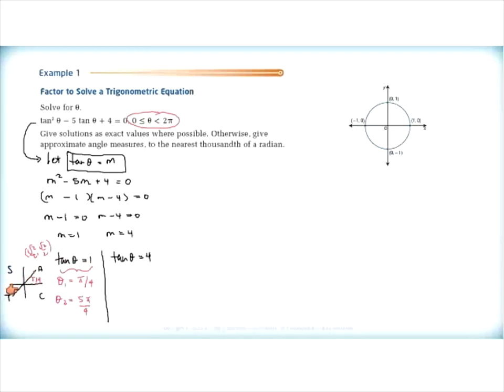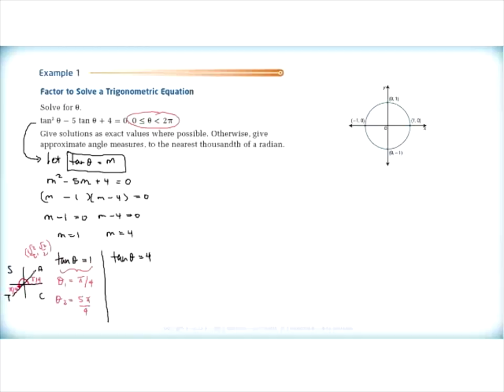The other answer is right here for theta. Maybe I can draw that in for you. That angle right there is 5 pi over 4 because it's 4 pi over 4, which is pi, plus 1 pi over 4, which is 5 pi over 4. So I got 2 values for theta between 0 and 2 pi, and they are exact values. Pi over 4 and 5 pi over 4.